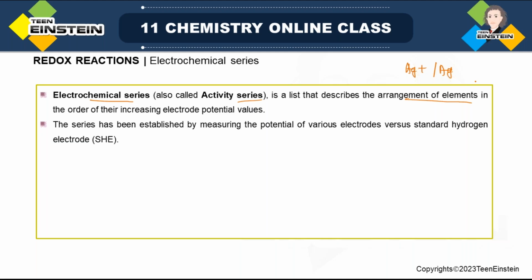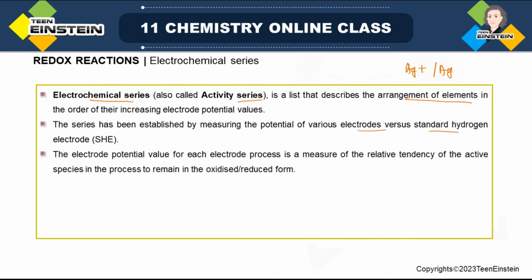These are arranged in order of their increasing electrode potential values. The series has been established by measuring the potential of various electrodes versus the standard hydrogen electrode. The electrode potential value for each redox couple is the measure of the relative tendency of these active species to remain in oxidized or reduced form.